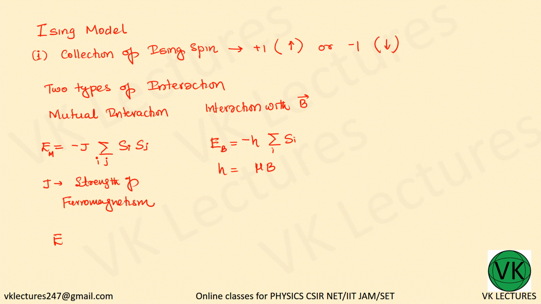So E is equal to E mutual plus E with the magnetic field B, that's given by minus J sum over i, j of Si Sj minus H into the sum over Si.